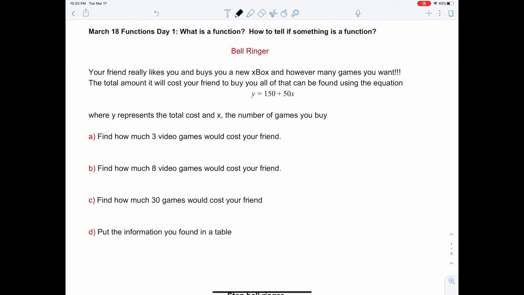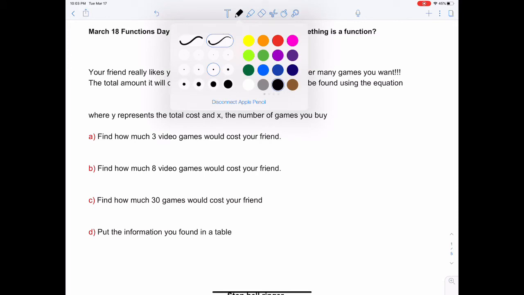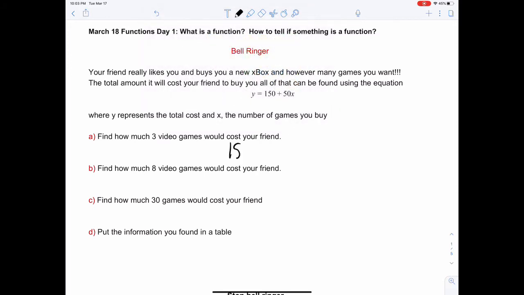Okay, so here you should be getting, plugging in 3 for x, and that should give you $300. Let's see, if your friend is so generous to buy you 8 video games, that will be $550.